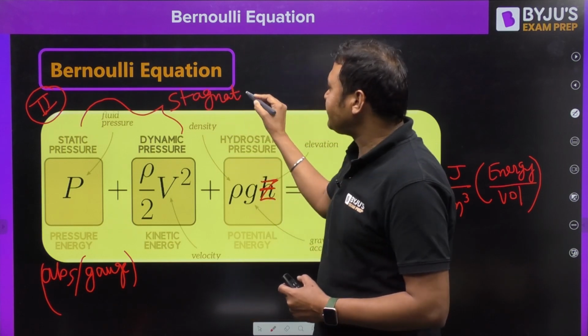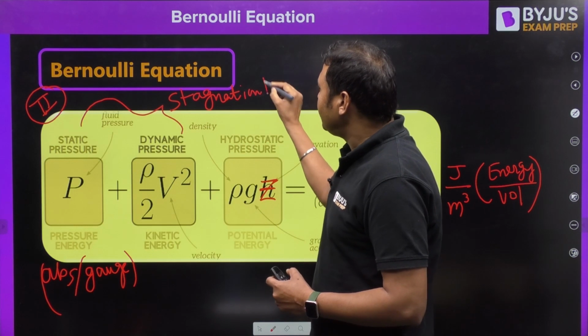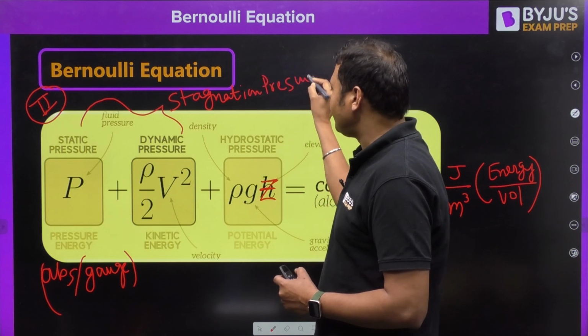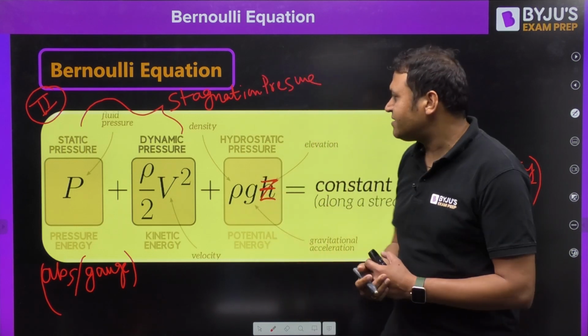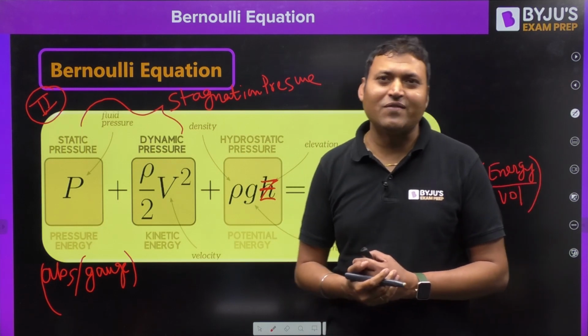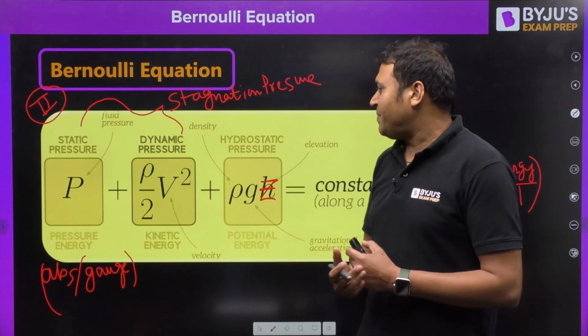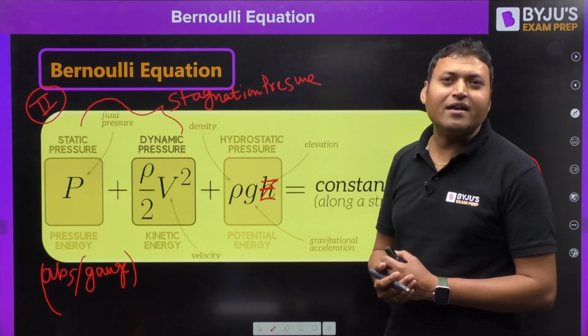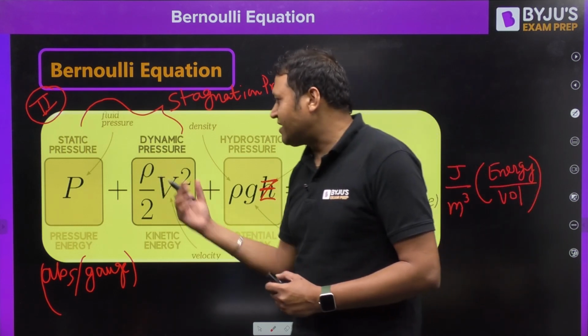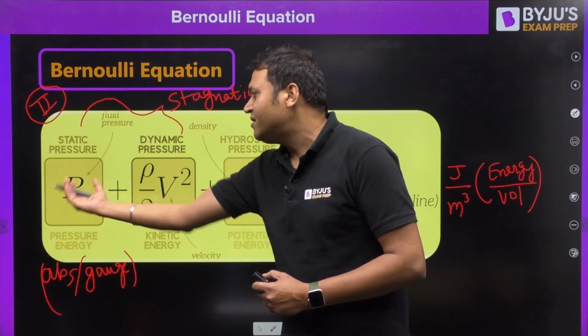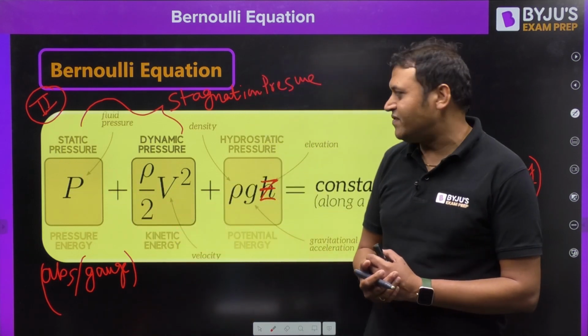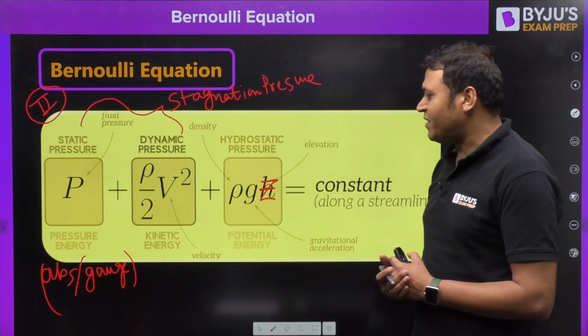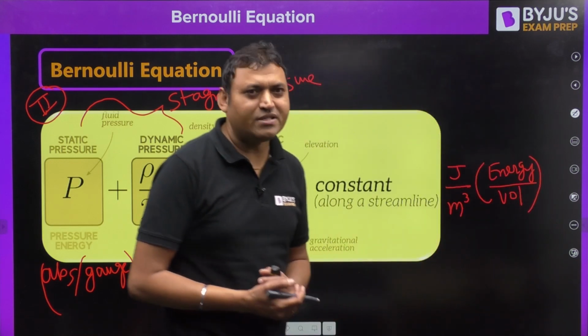The sum of the first and second terms represents the stagnation pressure of the fluid, and the third term represents the hydrostatic pressure of the fluid. According to hydrostatic law, P is equal to rho g z. Z is the vertical distance from a reference line, V is the velocity of the fluid, and P is the static pressure of the fluid. That is another way of representing the Bernoulli equation.